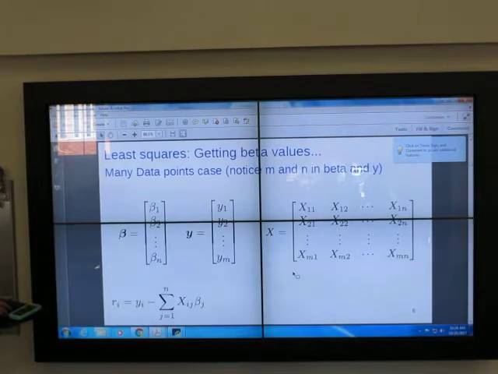So if you recall, capital X, number of rows is equal to number of data points that you have, right? Number of columns equal to number of unknown beta that you have, right? So if you do x transpose x, you should have 2 by 2.